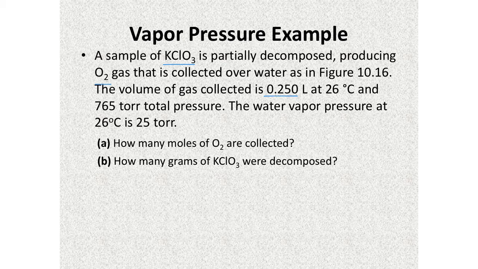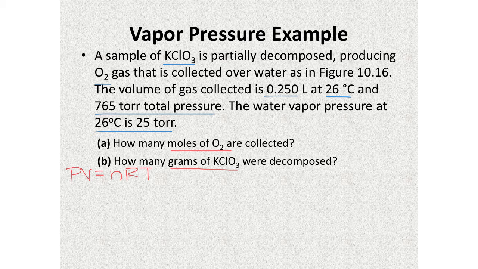So, they give us the volume, the temperature, total pressure, and the water vapor pressure. We are looking for the moles of oxygen gas and then through stoichiometry, figuring out how many grams of KClO3 were decomposed. So we are going to have to do a PV equals nRT calculation to calculate the moles of oxygen that are produced.